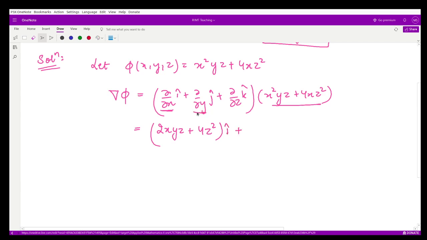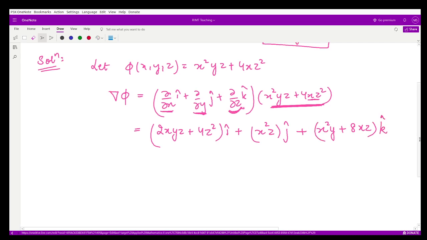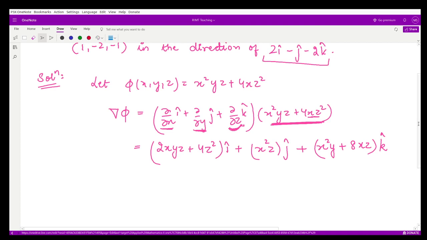Plus when you take the partial derivative with respect to y, it would be x square z into j cap, because there is no y term here. And for the third quantity, we'll assume x and y to be constant. So when you take the derivative partially with respect to z, you will end up with the terms x square y plus 8xz into k cap. So this is your gradient, and moreover we are to evaluate this gradient at the given point.